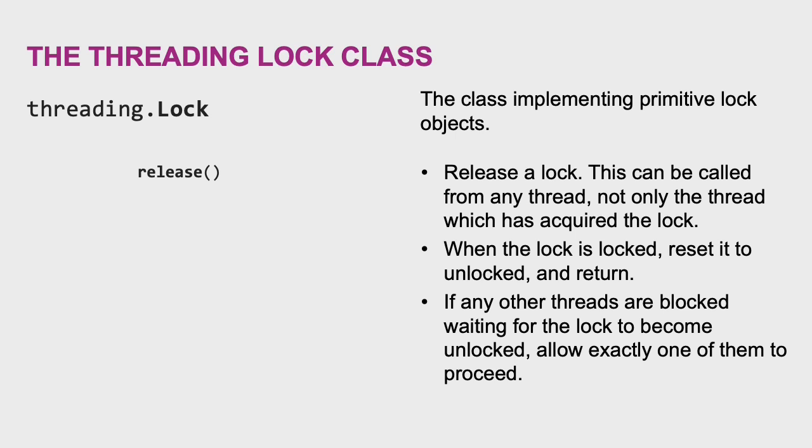If any thread is blocked on the lock, the method allows exactly one of them to proceed and enter the critical section. That's why it's very important. So again, we need to use these methods, acquire and release the lock, to manage the access to the critical section.